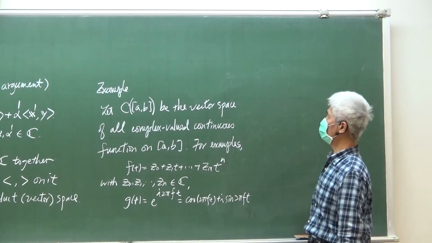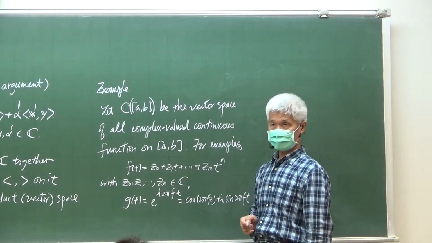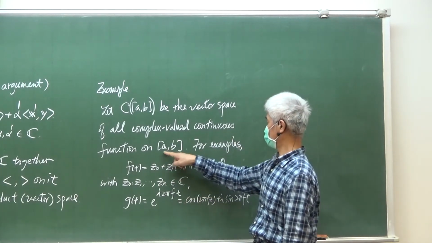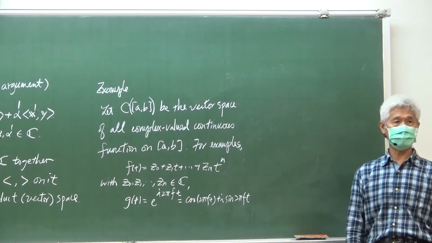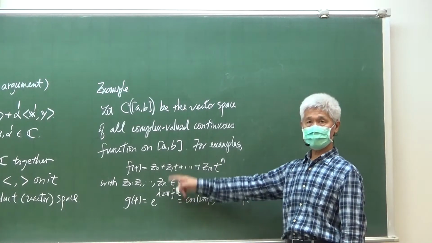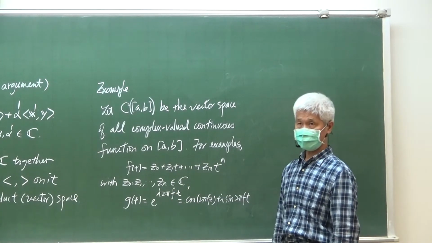So they are all complex valued continuous functions on the finite closed interval from a to b. But they are not step functions, right?